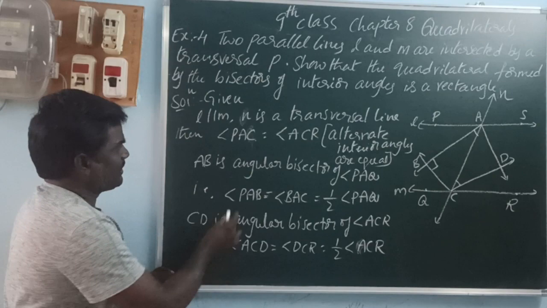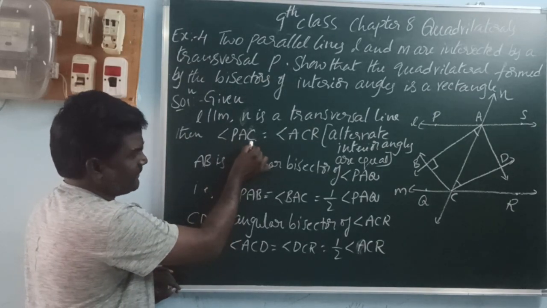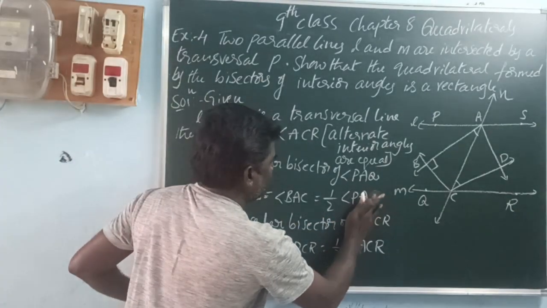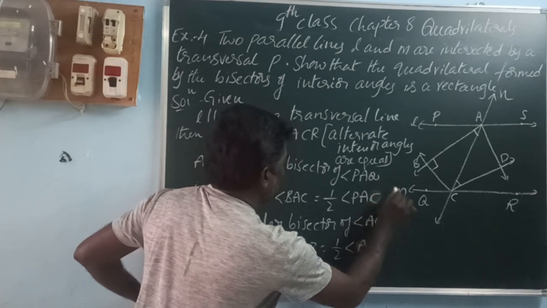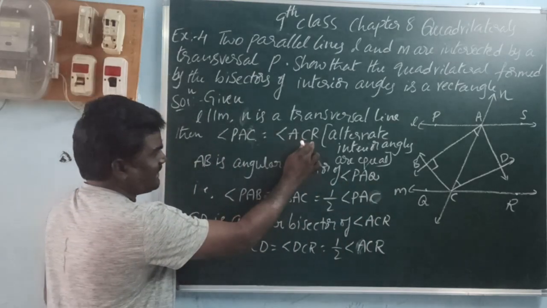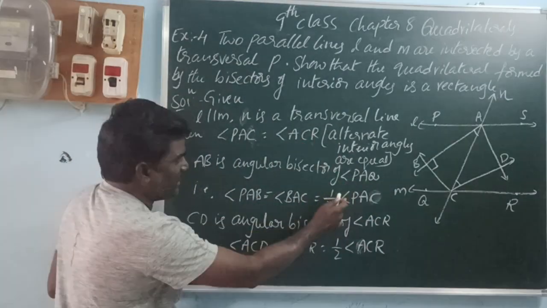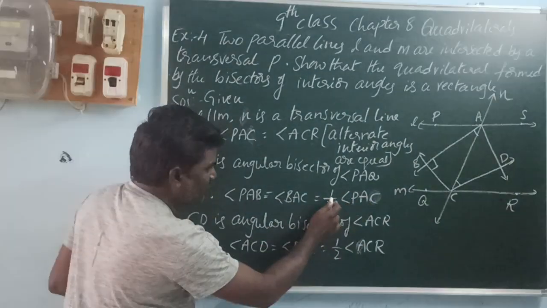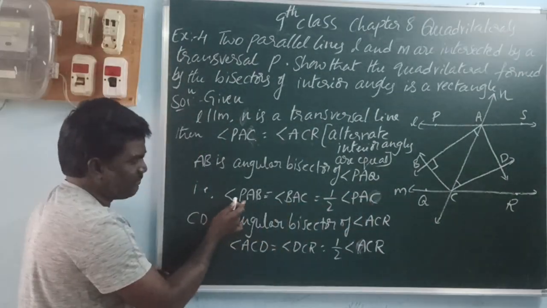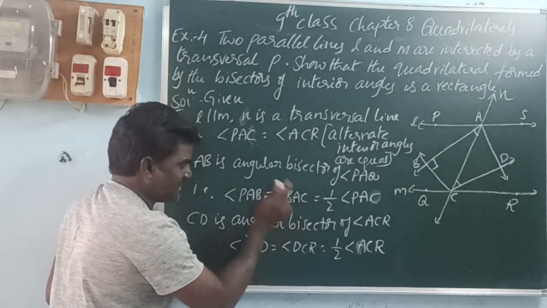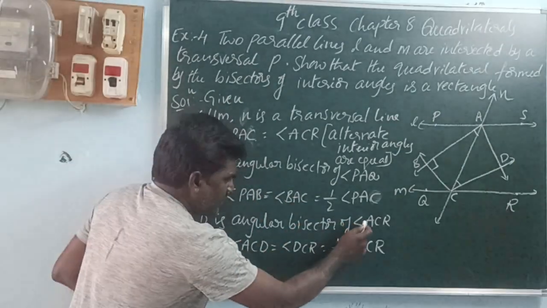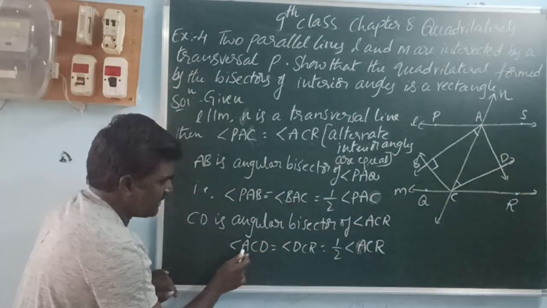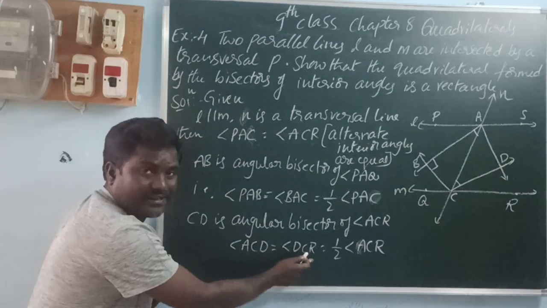But angle PAC is equal to angle ACR. So half of angle PAC, that is angle PAB equals angle BAC, and half of angle ACR, that is angle ACD equals angle DCR.